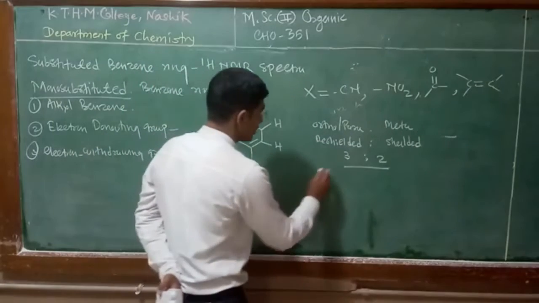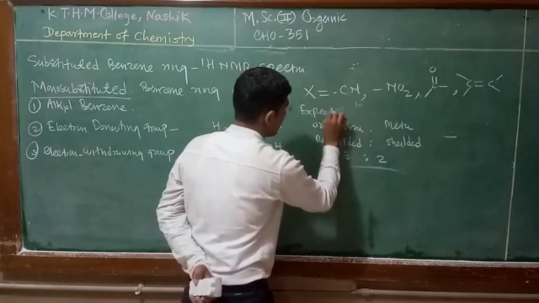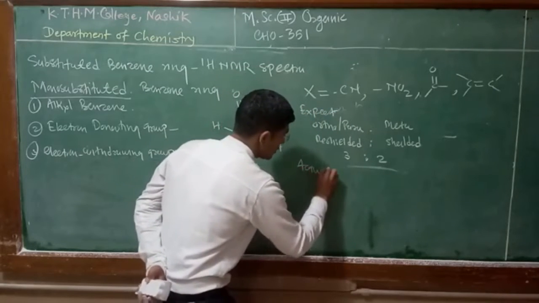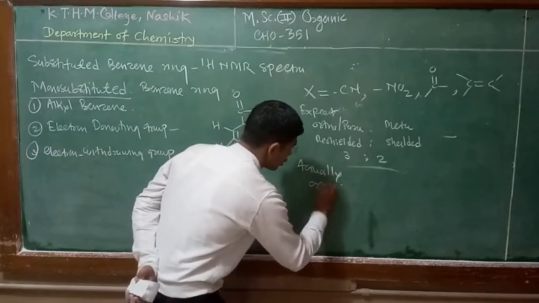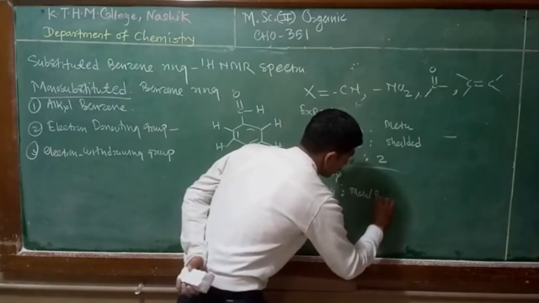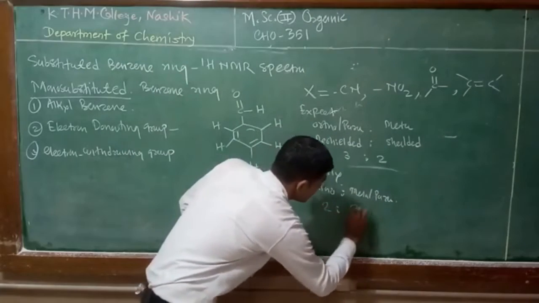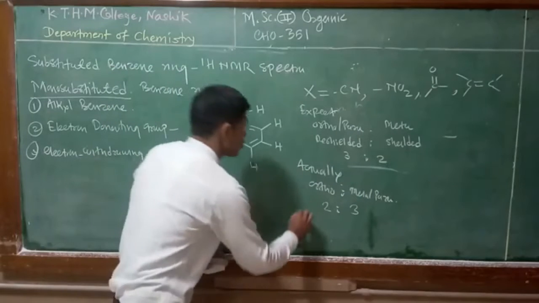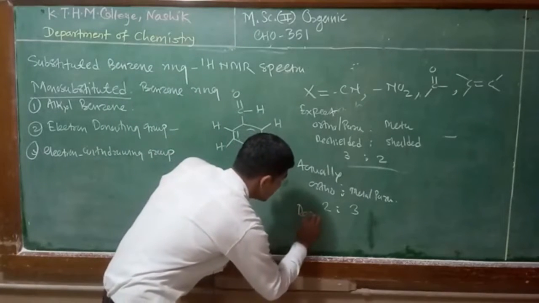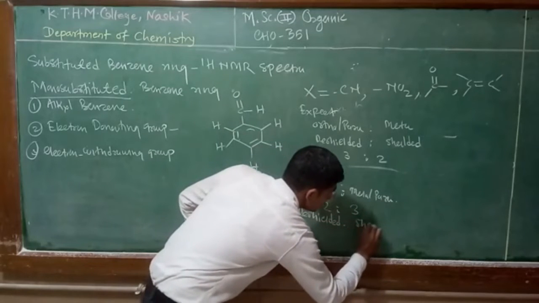So here we expect this, but actually we get the signal like this, the ortho protons and the meta and para protons separate here. Here ortho 2 protons and here 3 meta and para protons. This ortho proton is de-shielded, while these are shielded.